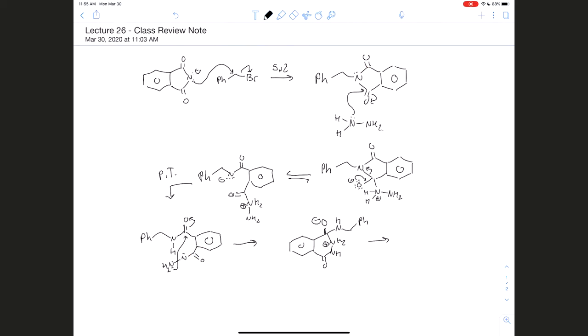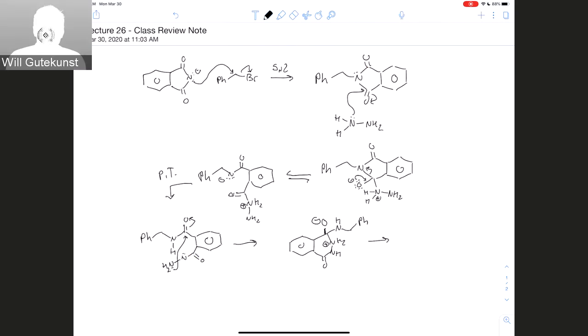After proton transfers, we would need to make this amine a good leaving group.